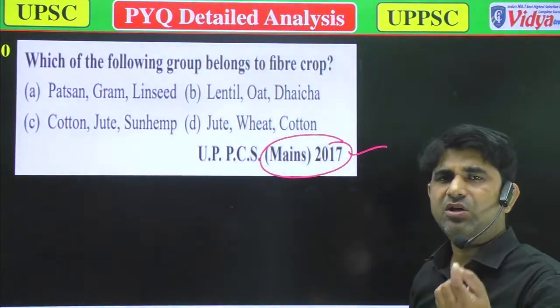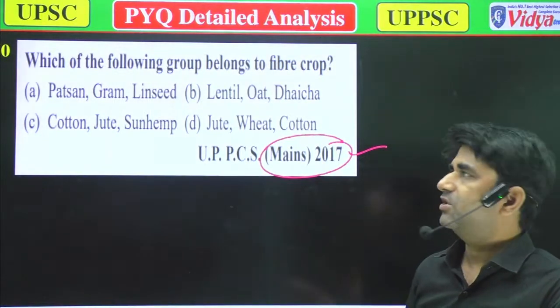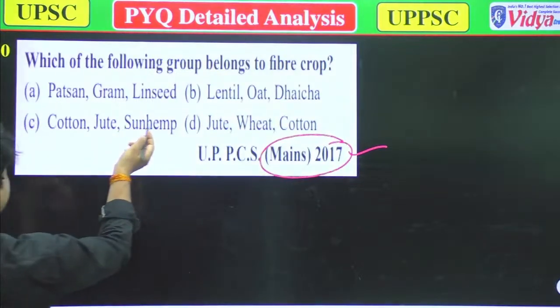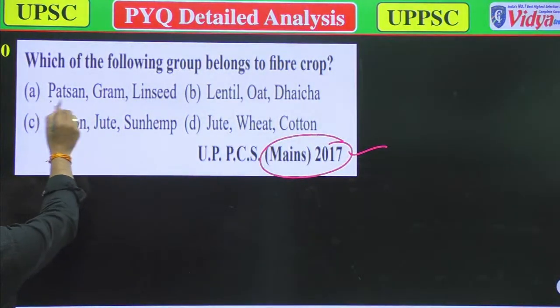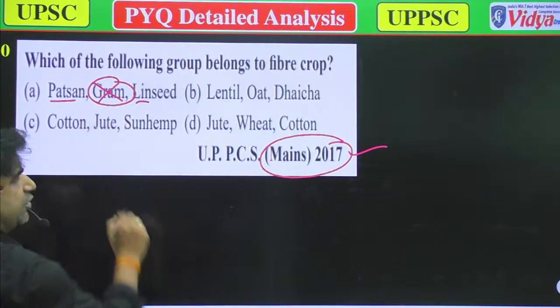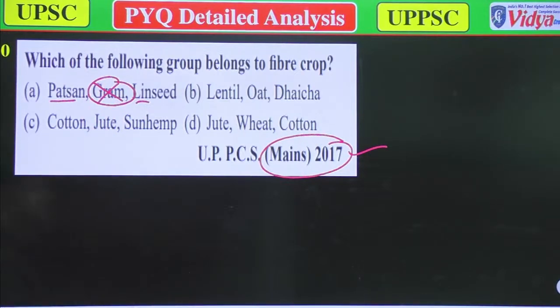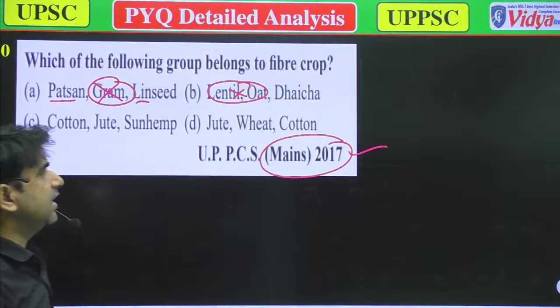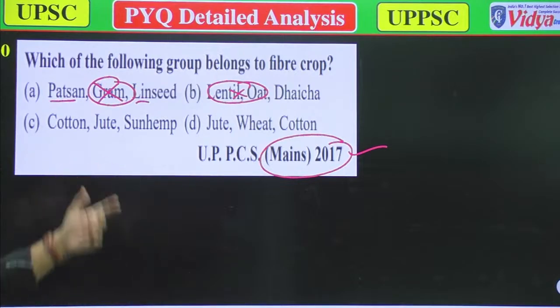If you have some knowledge, then you can eliminate some options too. In option A we have pulses, lancet, gram. Gram is a legume, and legumes don't provide fiber, so that's not correct. B, lentil, dhaincha, and oat: oat and lentil are not fiber crops, so that's incorrect.